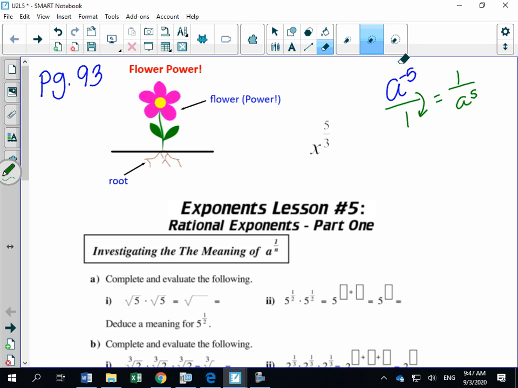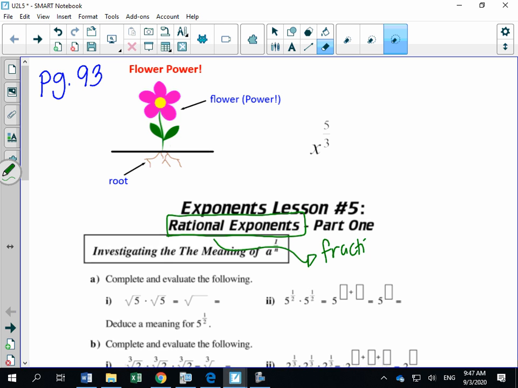What is Lesson 5 going to be on? It's going to be on something called rational exponents. So you know from when we did numbers and number systems that a rational number is a fraction. So when I say rational exponents, they are also often called fractional exponents.